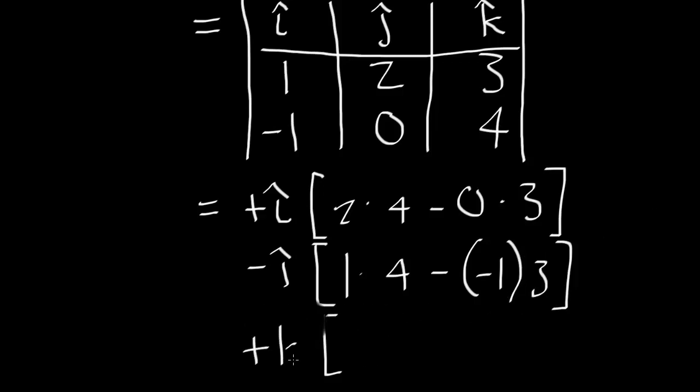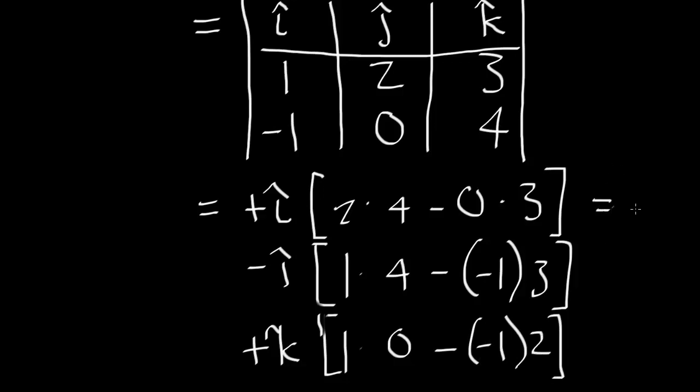So plus k hat. And now we cross out or kind of cover with your hands the k row and the k column, and now we have 1 times 0 minus -1 times 2.